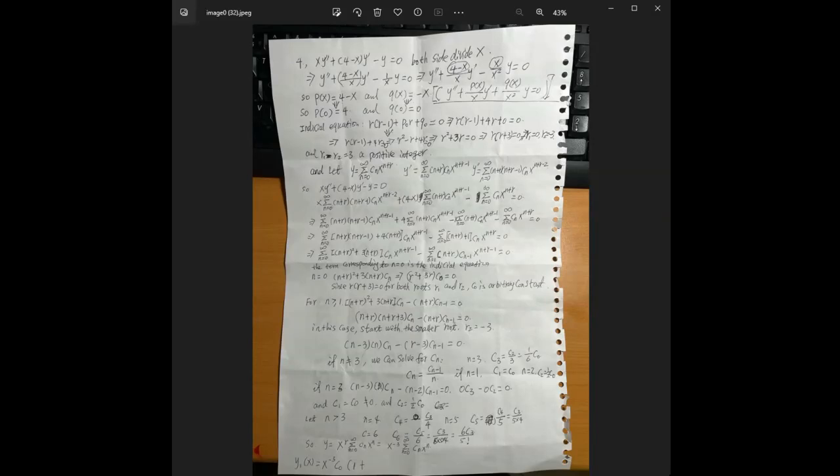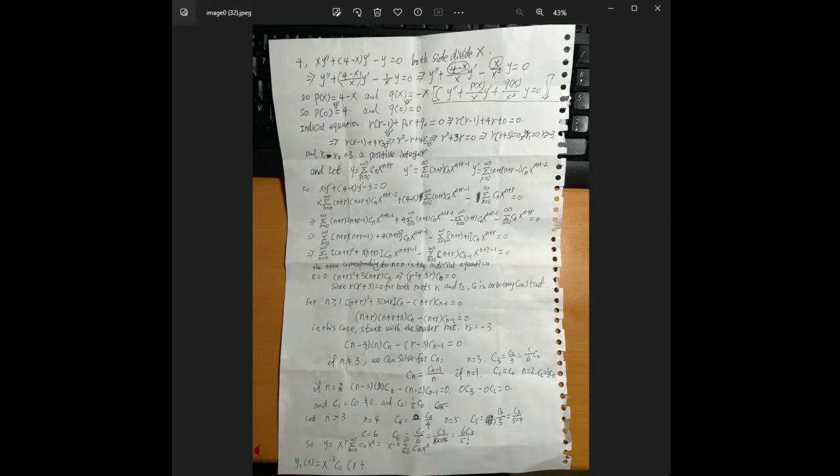Then I let y equal a power series, and compute y prime and y double prime from this power series. I plug these into the equation, and I need to figure out the index.